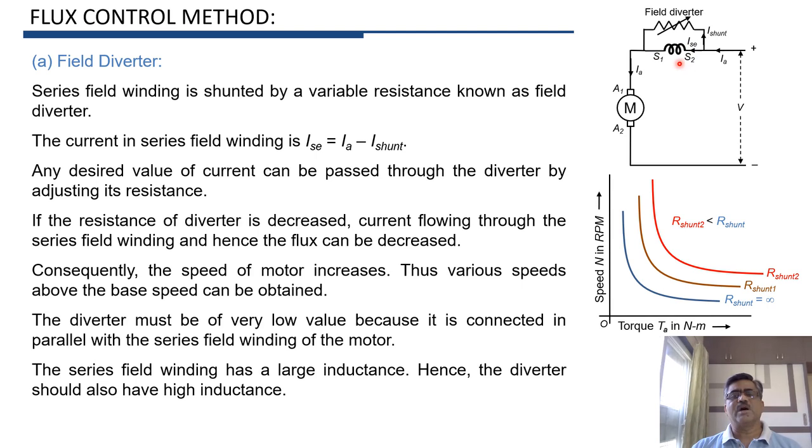Then second important point which is to be noted is this field winding has large inductance, and inductance opposes the change in current through it. Means there is some delay to increase the current in the field winding. And if the field diverter has no inductance, then current through it will increase quickly, whereas current through this field winding will increase slowly, and therefore almost all the current will flow through field diverter.